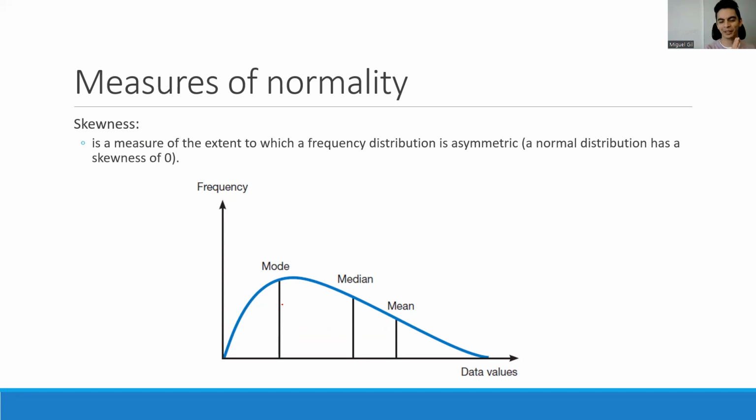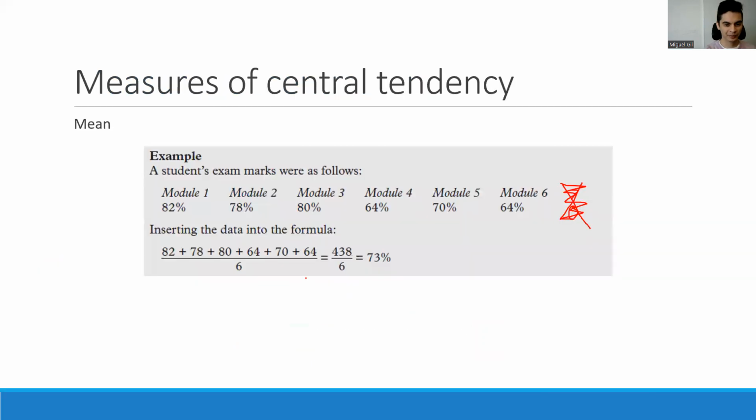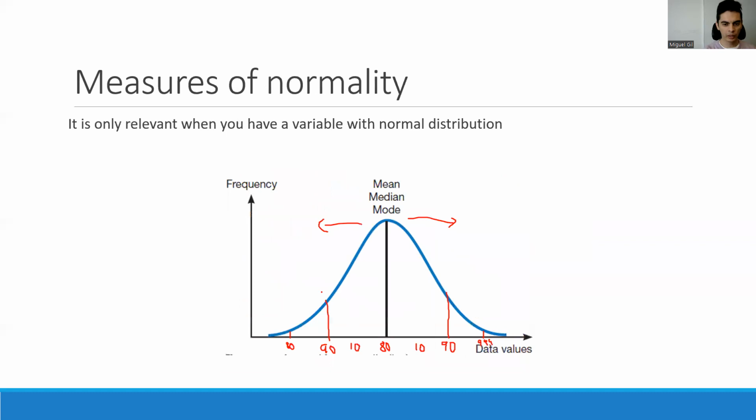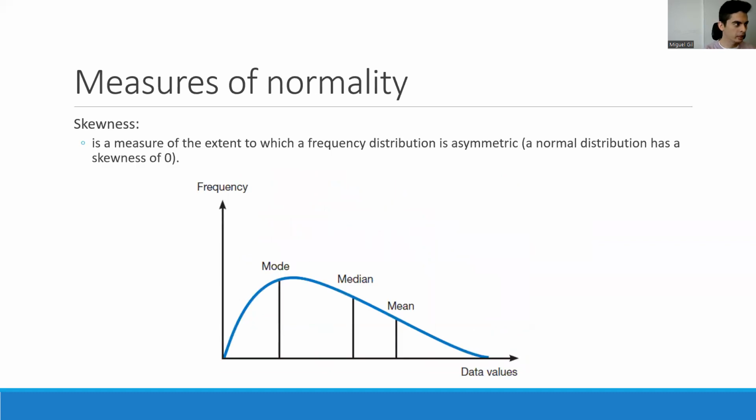Yes, it moved to the left, like this. When it is on the left, we say that it is positively skewed. That's how we call it. Positive doesn't mean that it's good, it just means that it's skewed to the positive side.